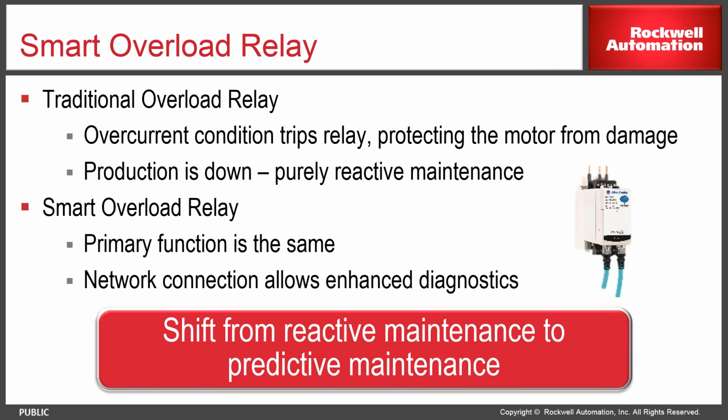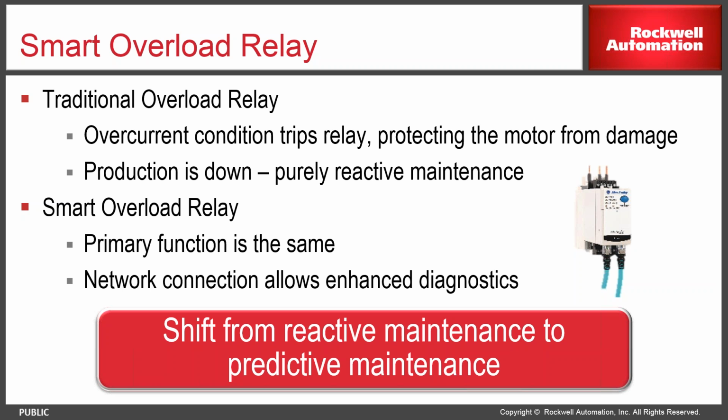This protects that expensive motor asset, but now the line is down and we aren't producing the product. So then we send the maintenance team out to address the problem and get the line running. If you look at it, this sequence is purely reactive maintenance. So how can we improve the situation?